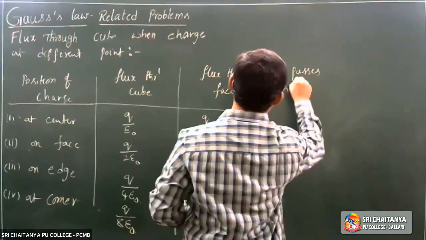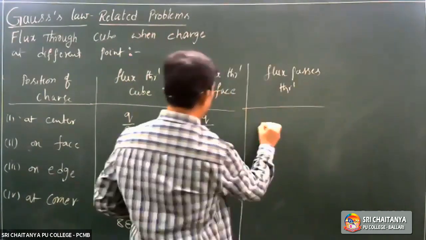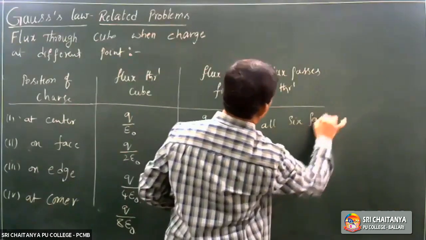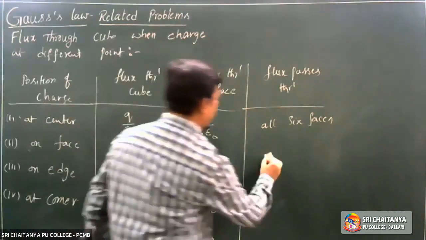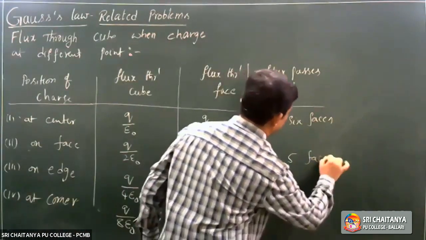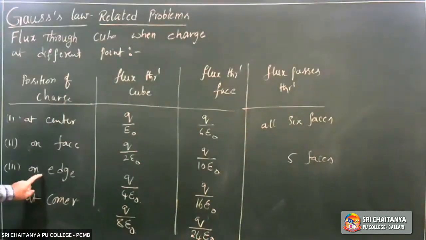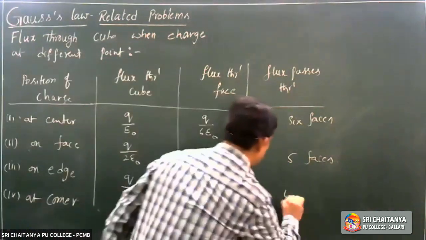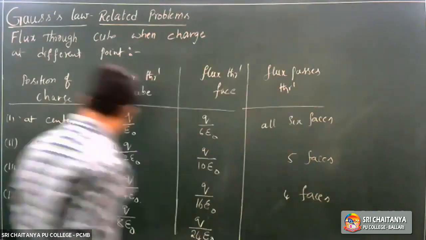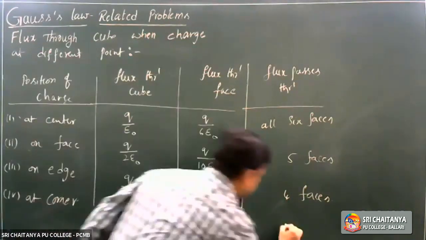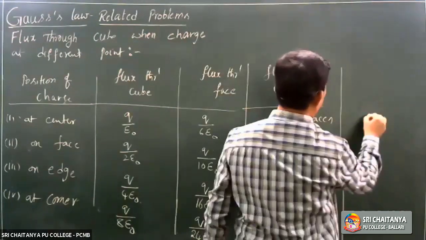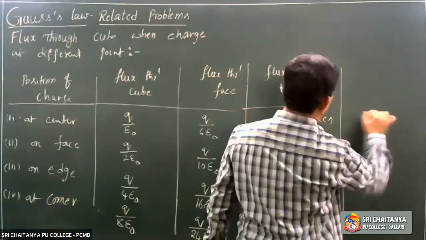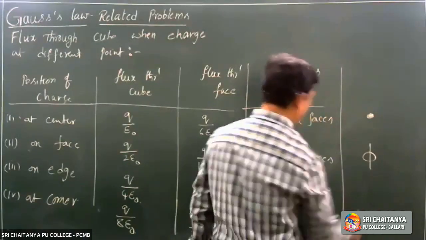Flux passes through how many faces? All 6 faces. Here, when I place it on a face, 5 faces. Here, when I kept it on the edge, 4 faces. When I kept it at the corner, 3 faces. Here the total divides into 2 parts.